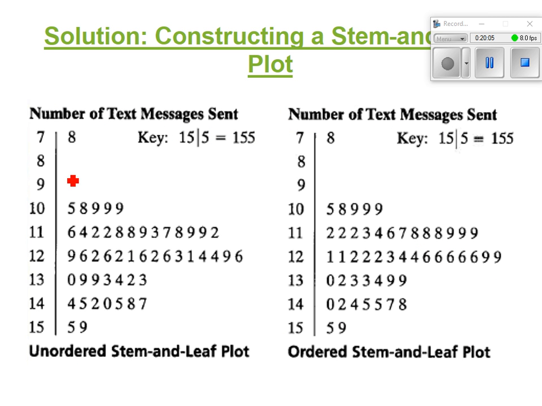So that's what the stem and leaf plot would have looked like if I would have finished it. Notice you can sort of tell where most of them fall at. This one is unordered. This one is ordered.